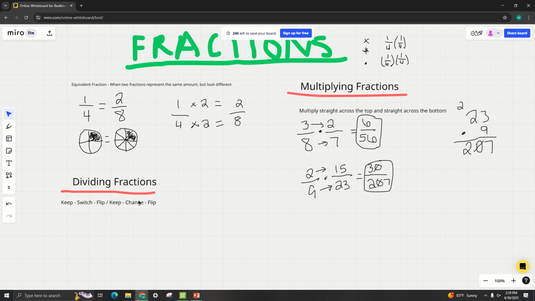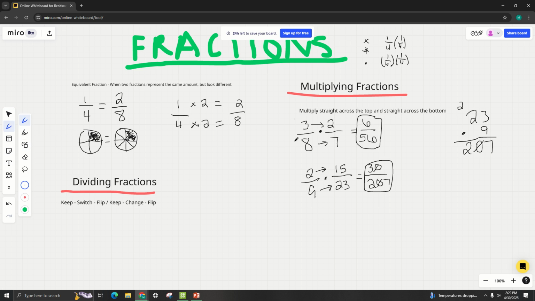If change is a better reminder for you than switch, absolutely, use change instead of switch. Whatever it is, just keep it consistent. Until you feel comfortable with it, you could switch back and forth between keep switch flip and keep change flip if you like. But just for the sake of not confusing you, I'm going to go with keep switch flip, and then I'll explain the keep change flip at the end. They do the exact same thing, though. It's just whatever works best for you, really.